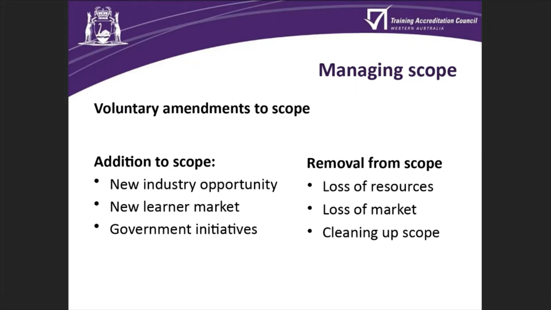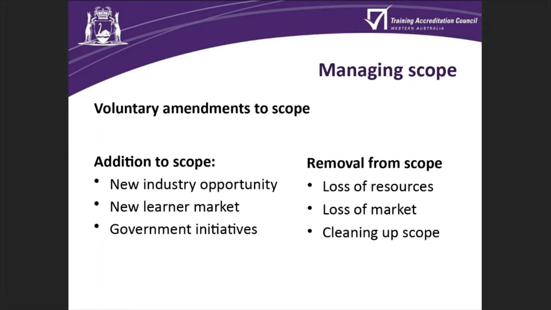That's a kind of new learner market, but there might also be government initiatives that you want to take advantage of, new developments, new infrastructure developments, those sorts of things. And so you may seek voluntarily to add to scope for those.